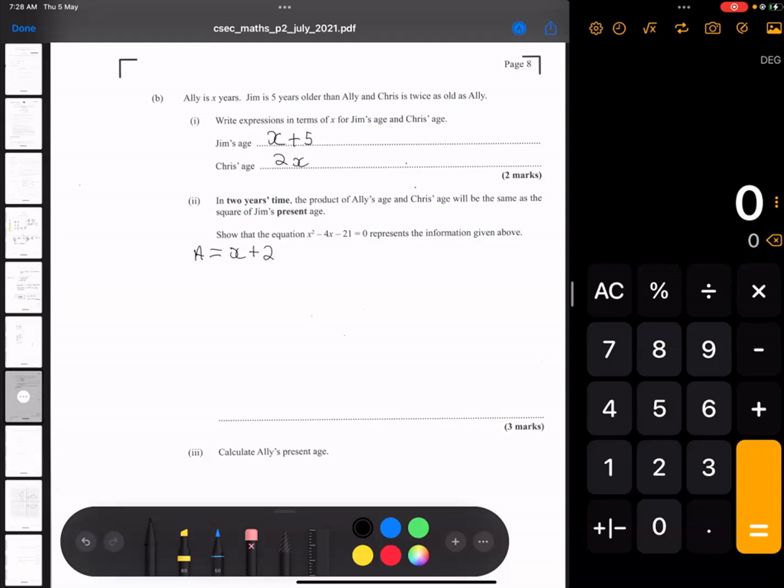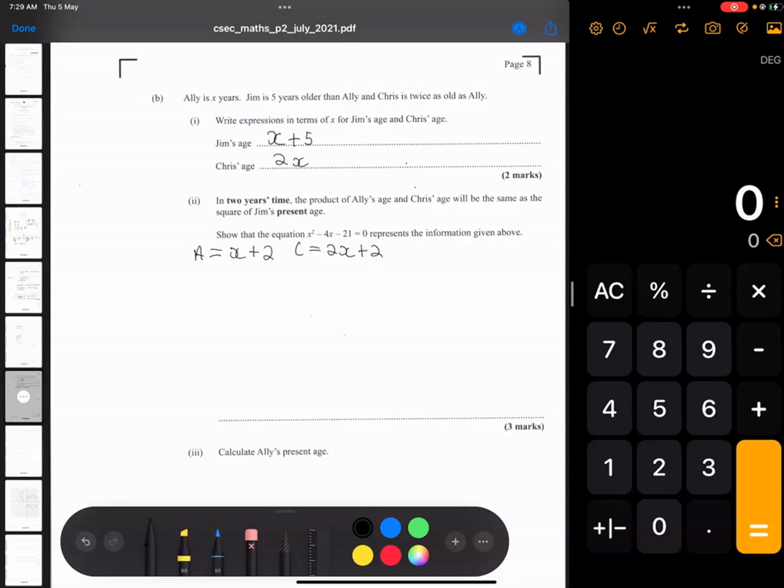And then Chris's age, which should be denoted by C, in 2 years' time would be 2X plus 2. So basically just put plus 2 on their present ages to write it in respect to 2 years' time. And then those two are finished.